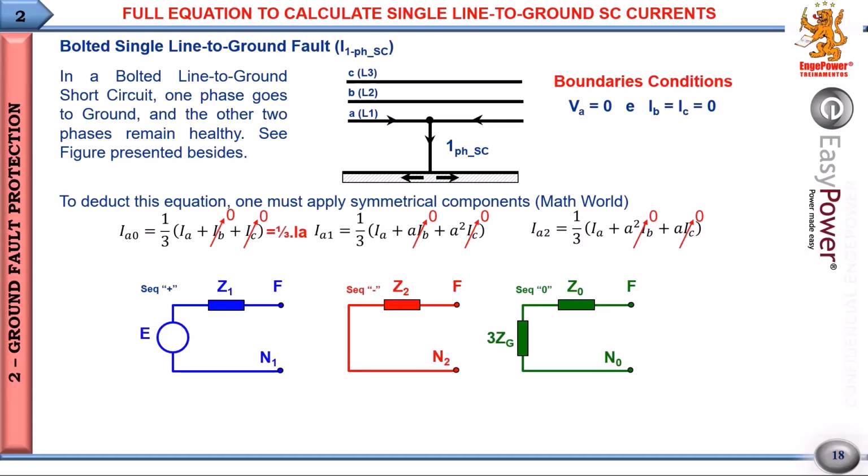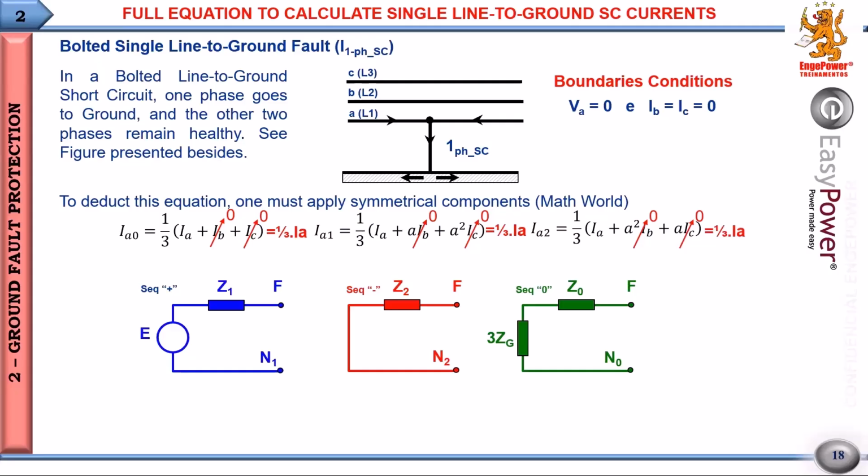And the result is that it is 1/3 of IA. Doing the same for the positive sequence, IA1 equals 1/3 of IA. And doing the same for the negative sequence, we reach the same result, 1/3 of IA.